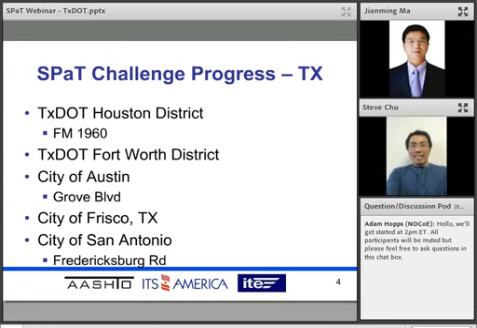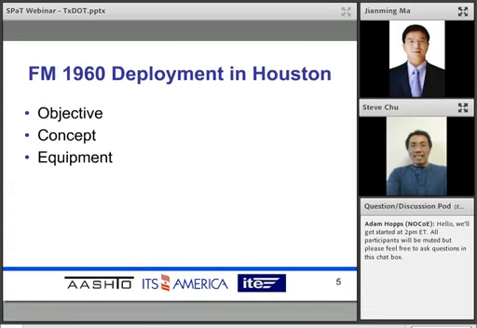It's a big transit route, so they probably work with the transit agencies, trying to implement transit signal priority and other applications. That's just a quick overview. Next, my colleague Steve Chu will talk about the Houston deployment. Steve? Thanks, Jimmy. And good afternoon to everybody.